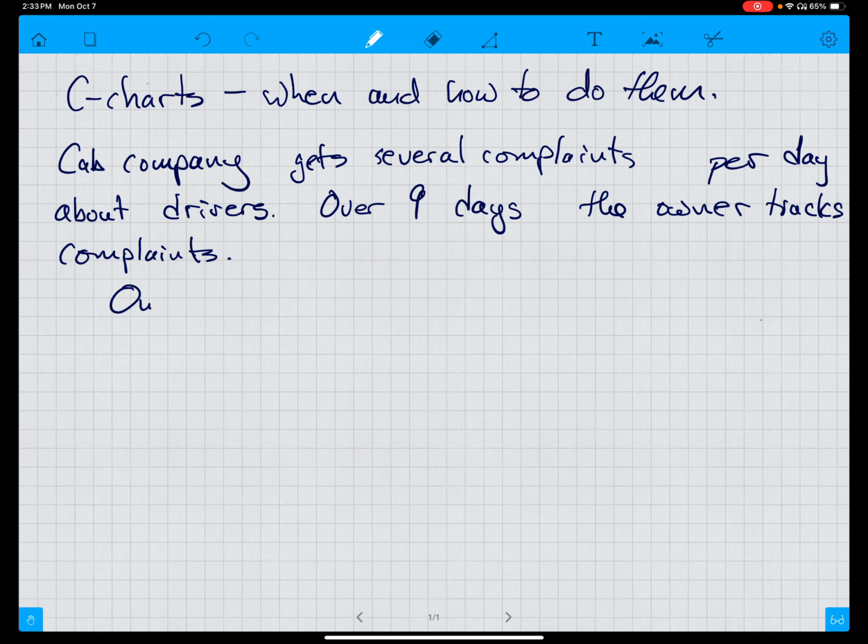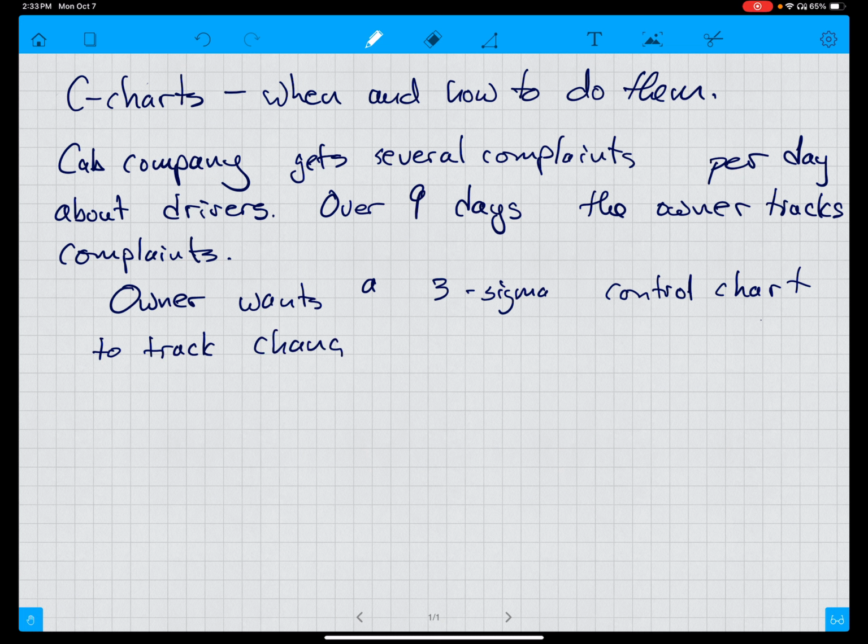The owner wants a 3 sigma control chart to track changes to complaints.